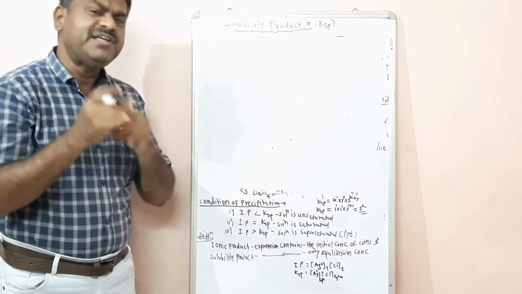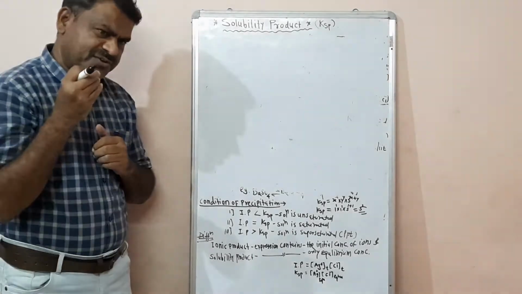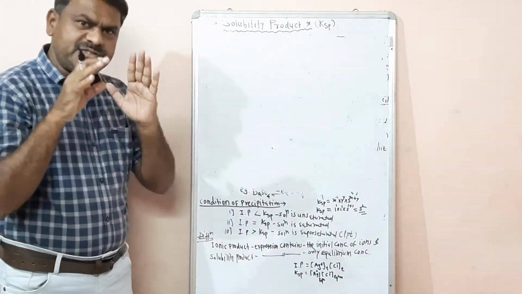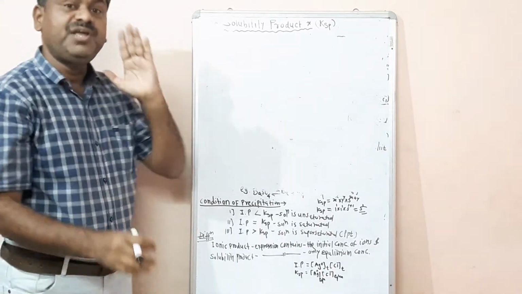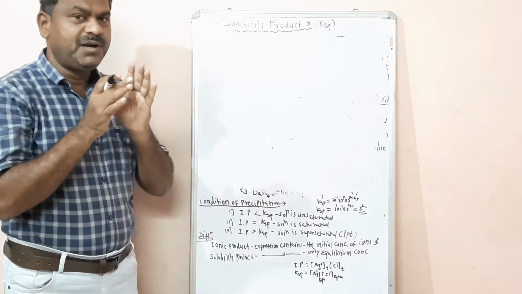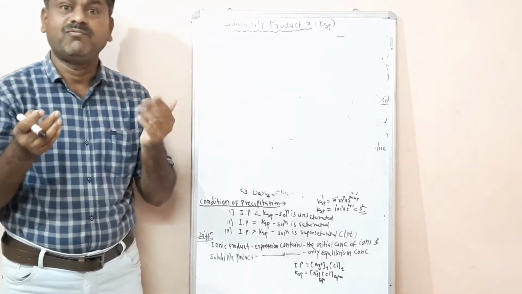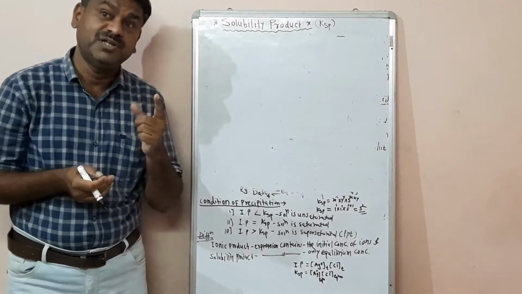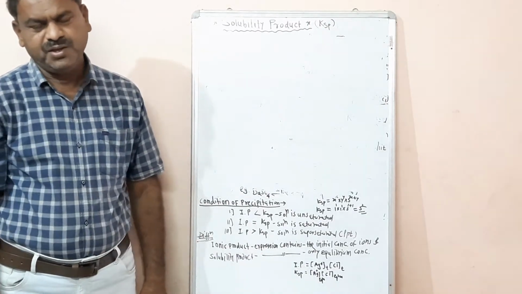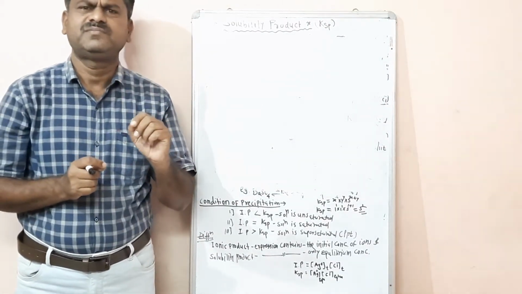There are three conditions of solutions: saturated solution, supersaturated solution, and unsaturated solution. Whether the precipitate will be formed depends upon the ionic product and the solubility product. You should know about the ionic product and the solubility product.